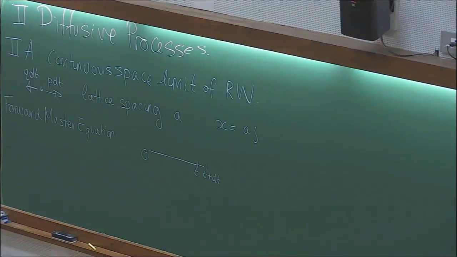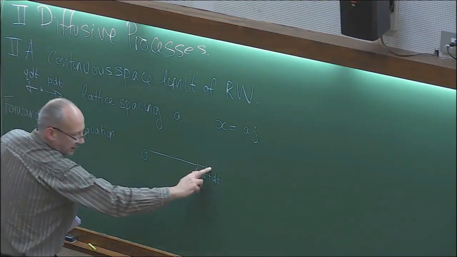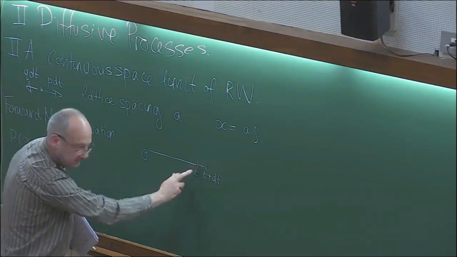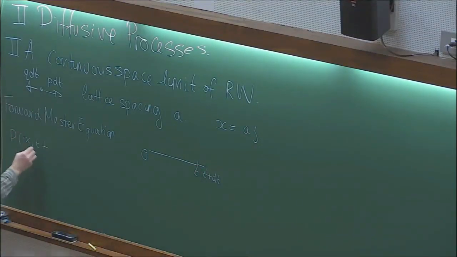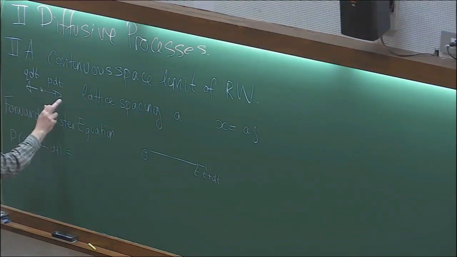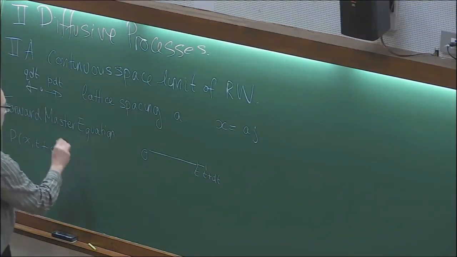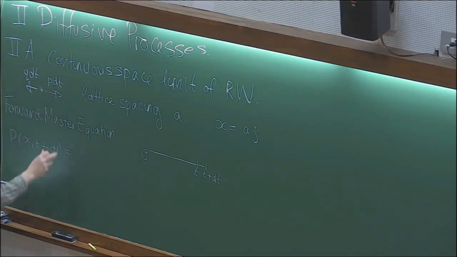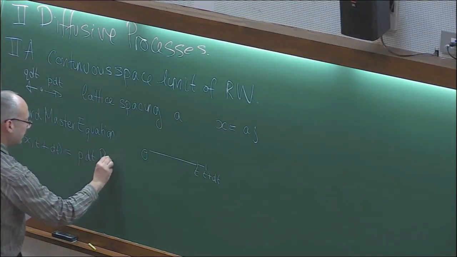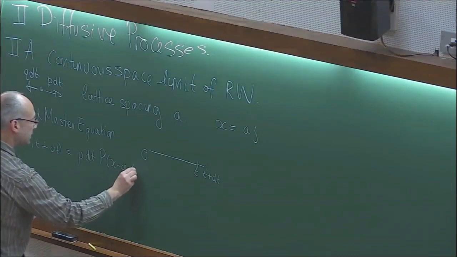So then we say the probability of being at x here will depend on where I was here at time t. So P of x at t plus dt. If I was at x minus a, then I go to x with probability p dt. So I get p dt times the probability of x minus a at time t.